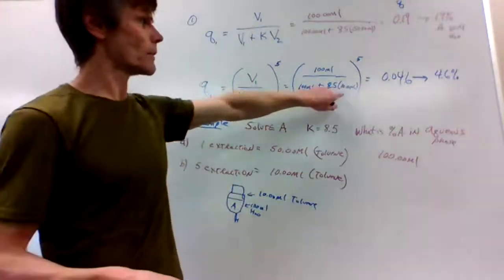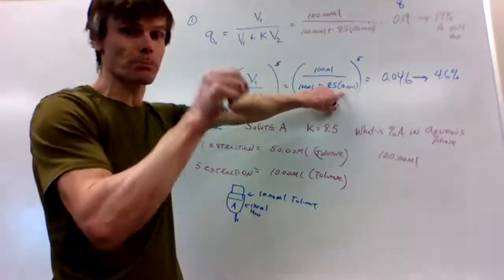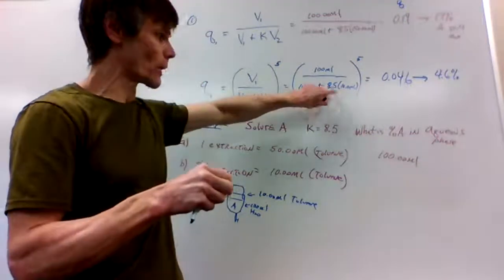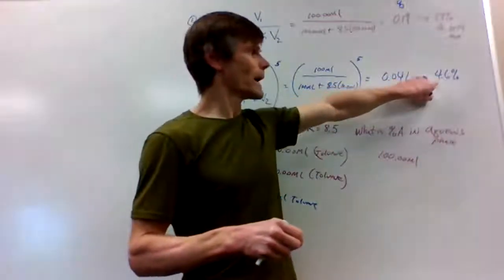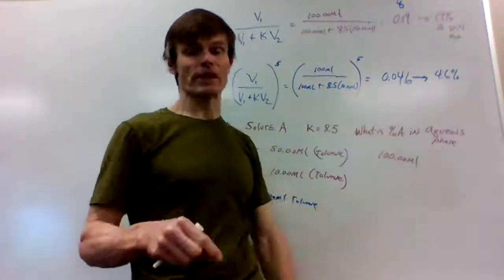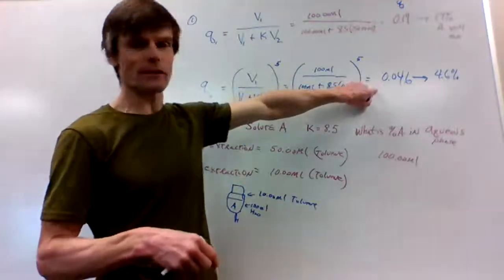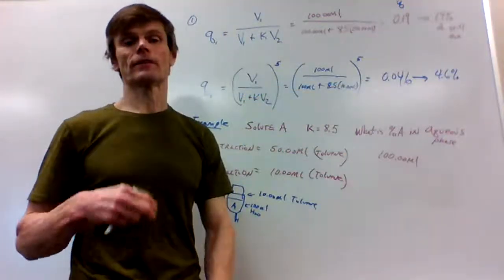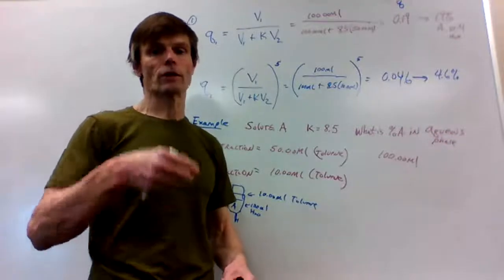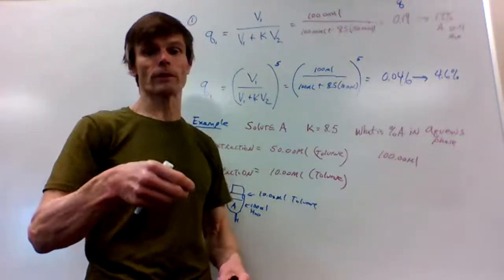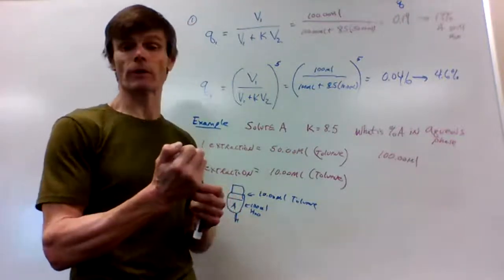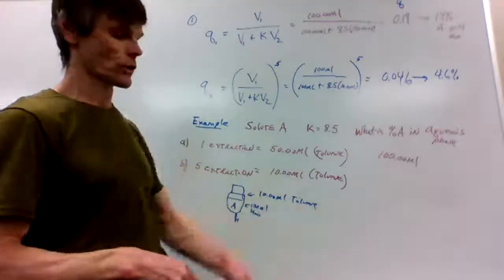If we conduct 5 extractions with small volumes of our organic phase, we end up with 4.6% of our analyte still in the water. So this is a more efficient way to conduct an extraction using smaller volumes of our extracting phase, in this case, our toluene.